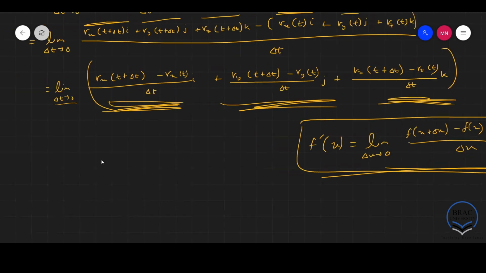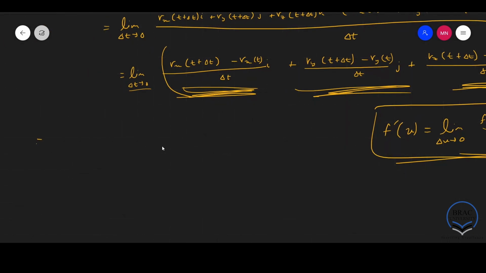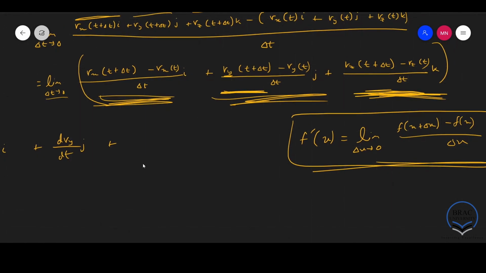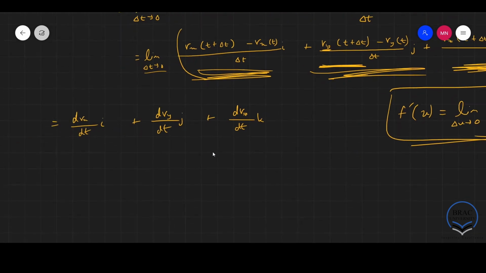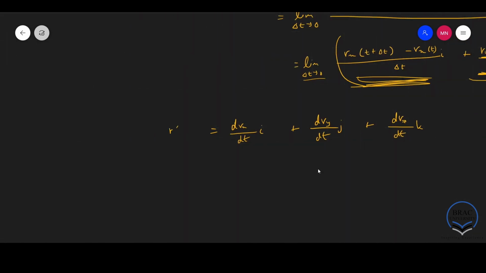So very obviously, what we end up having is just the derivative of my x component with respect to t, i, and here this is just the derivative of my y component, dry over dt, j, and for the third case, this is just the derivative of my z component with respect to t, k, and this is equal to r prime of t.